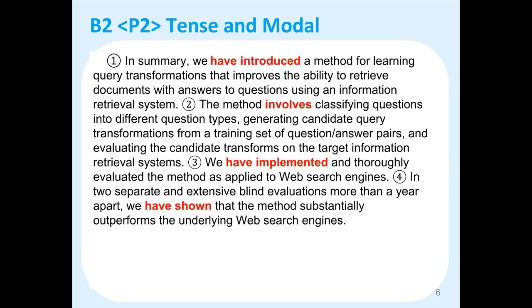The action associated with the method involves classifying questions, which uses the simple present tense to describe the method's inherent, proven function. The actions, which are in blue, are definitive and completed: "have introduced," "have implemented," and "have shown." These actions use the present perfect tense to confirm past achievements that have current relevance. This combination of "we" and confirmed actions ensures the summary is a strong, declarative conclusion.